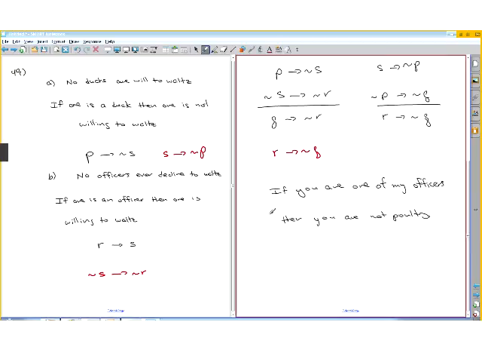And another way of going the opposite direction here to go to one of these kinds of statements is you would say none of my officers, make sure I'm doing this the right way.